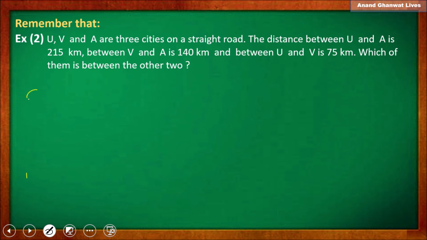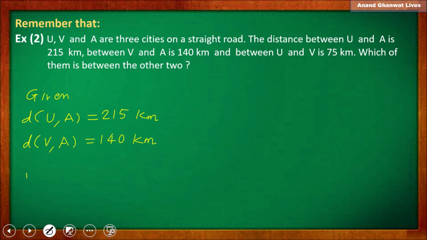Given that, the distance between points U and A is equal to 215 kilometers. The distance between points V and A is equal to 140 kilometers. The distance between points U and V is equal to 75 kilometers.